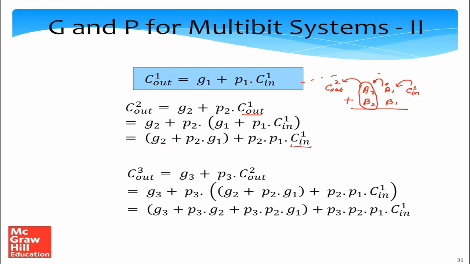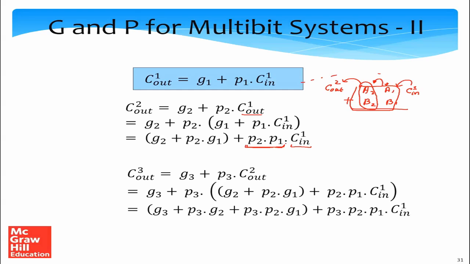So I can think of this as one big block now, right? For this block, the generate function is actually G2 or P2 and G1, and the propagate function is P1 and P2, which basically means that the input carry will show up in the output if every pair of bits is propagating it.